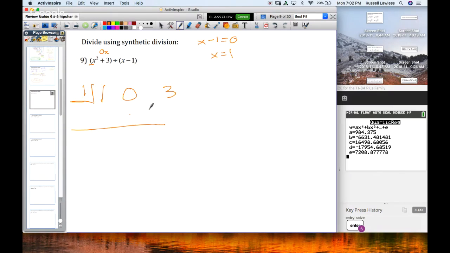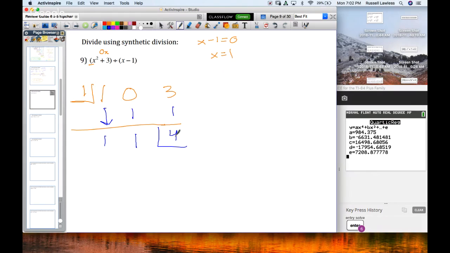From there, I'm just going to do this quickly rather than the long way. So we bring down the 1. 1 times 1 will give us 1. Add these two to get 1. 1 times 1 is 1. And then we have a remainder of 4.